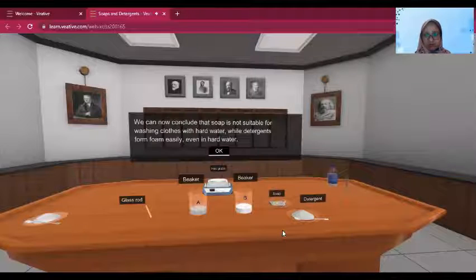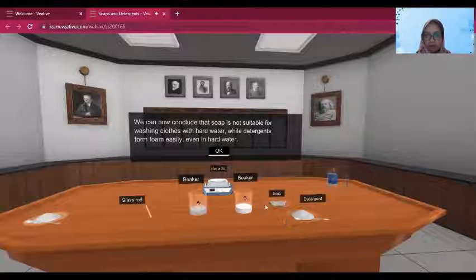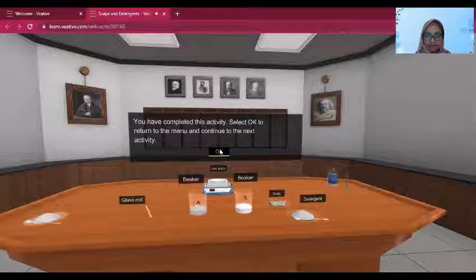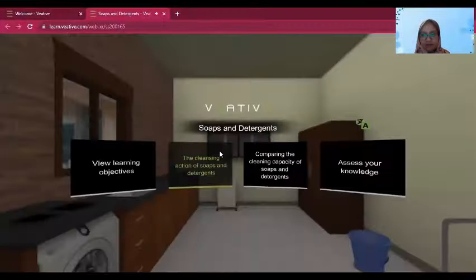So you can see here, soap is not suitable for washing clothes in hard water because of the scum that it can produce. While using detergent, you can't see any scum form, right? Okay, good job, everyone.